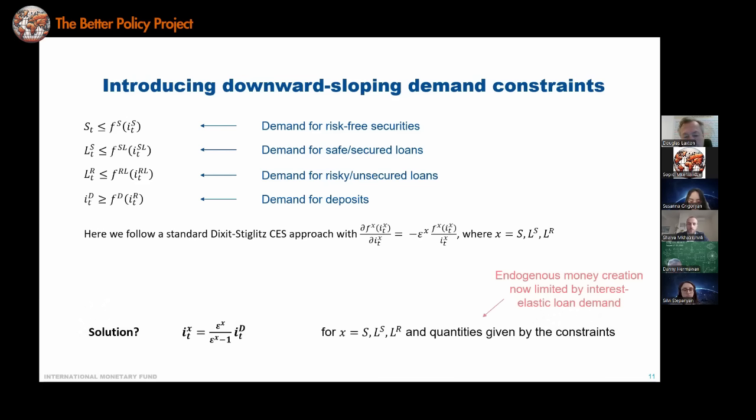The interest rates on the asset side will be essentially a constant markup over deposit interest rates. So banks will be generating some finite profit, because loan and asset side interest rates will be higher than the deposit interest rate by the amount of markup. But the profit will be finite because the interest rate spread will be finite and quantities will also be finite because demand constraints will give this finite quantity.